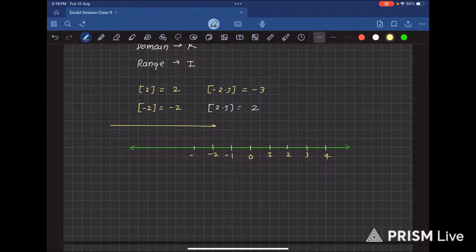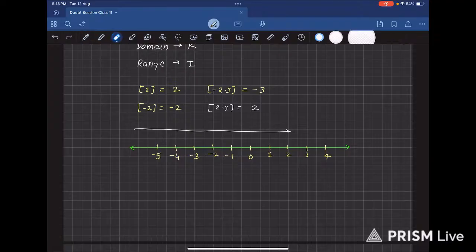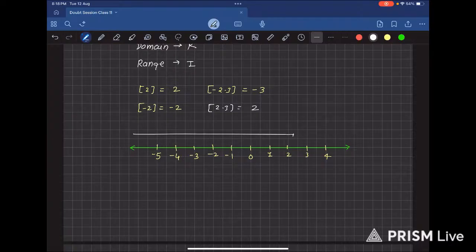That is the question from my side, and you have to say the answer. If you are going from the left side to the right side and you have reached here, which maximum integer you crossed, that is 2. So the answer will be 2.